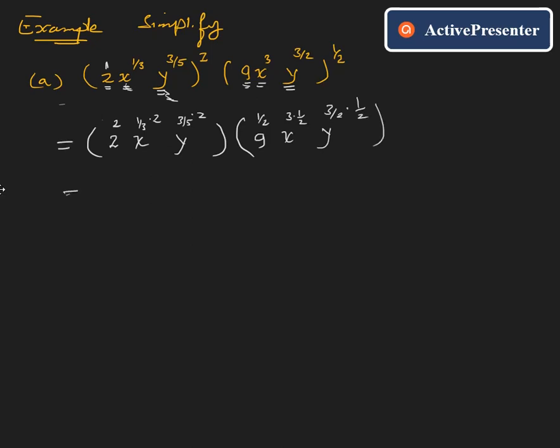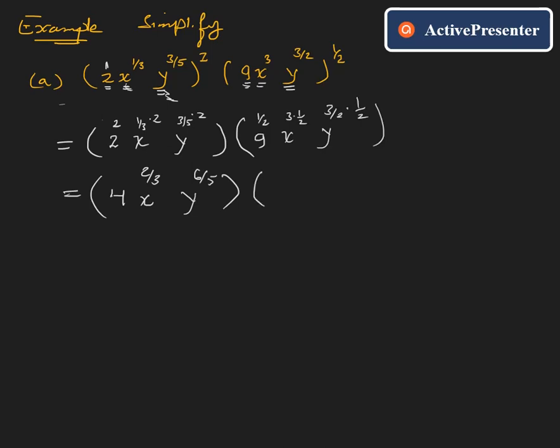Now let's continue. So 2 to the power 2 is 4. x to the power 1 over 3 multiplied in 2 should be x to the power 2 over 3. y to the power 3 over 5 multiplied in 2 should be y to the power 6 over 5.